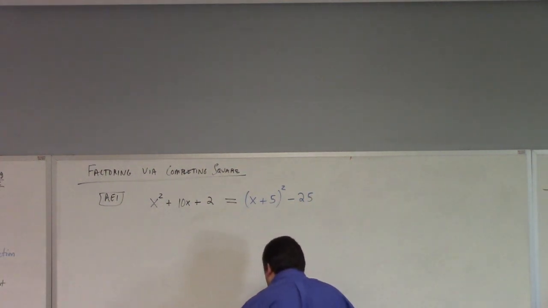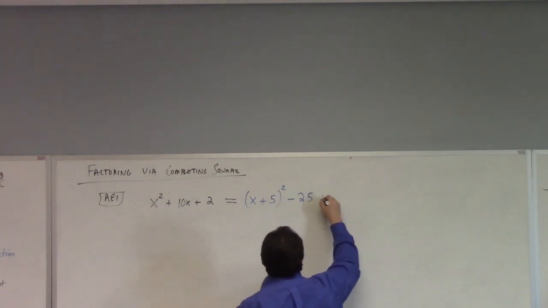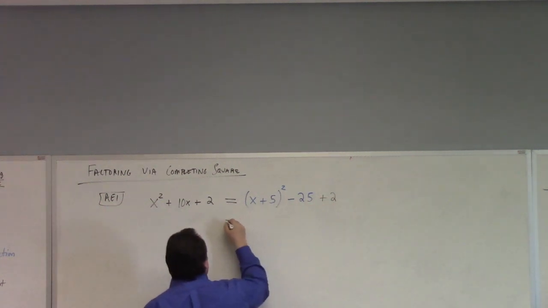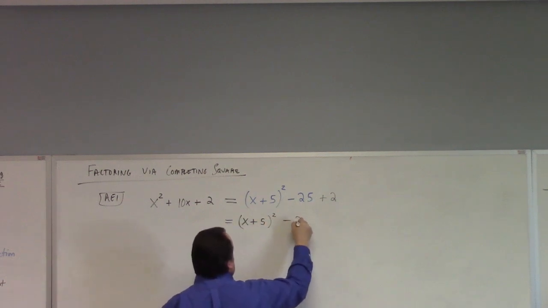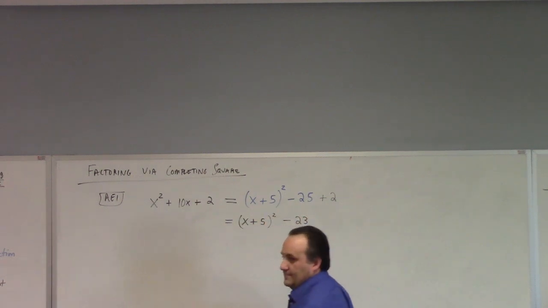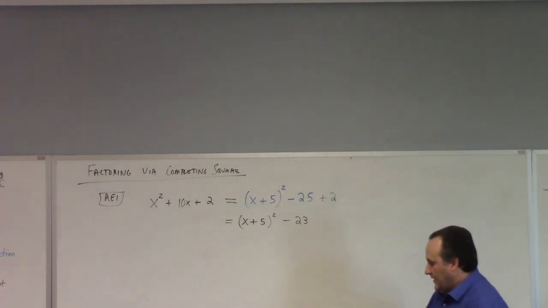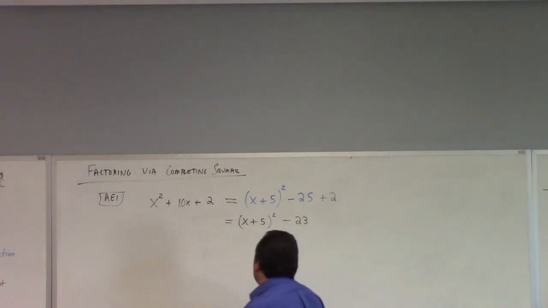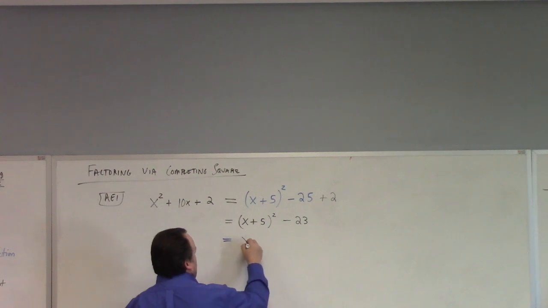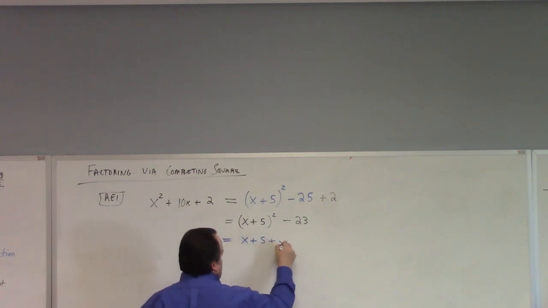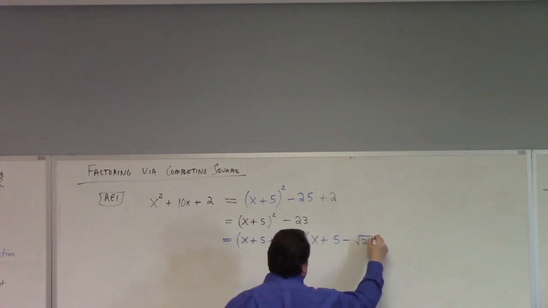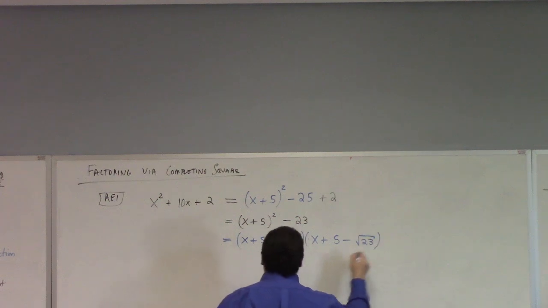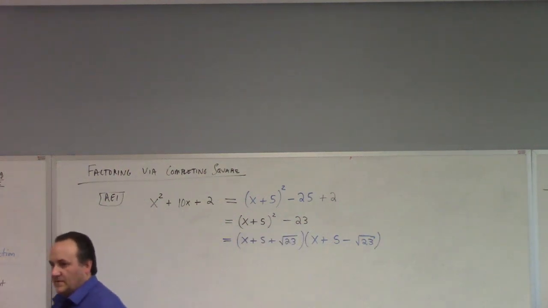That plus 2 is still there. So what do we got? We have (x plus 5) squared minus 23. And then, standard trick, this factors as follows: (x plus 5 plus the square root of 23) times (x plus 5 minus the square root of 23). All there is to it.